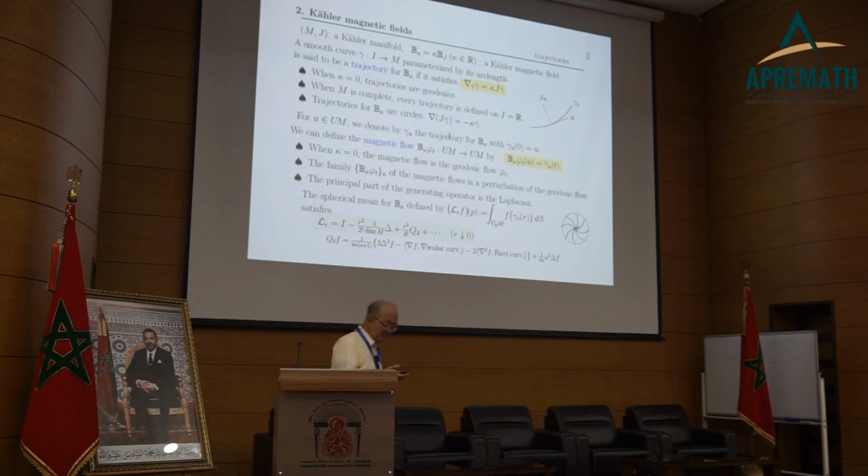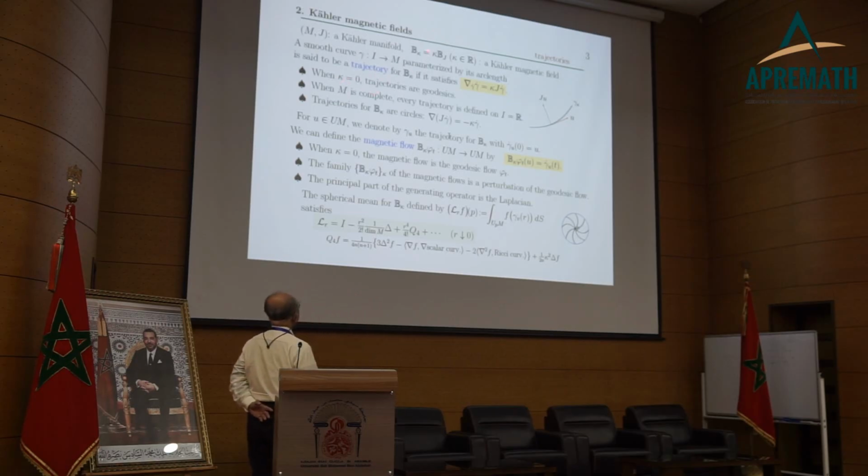Yesterday, Professor Munteanu said that when it is parameterized by arc length, it is called normal. But as I only treat normal trajectories, I just say trajectories.